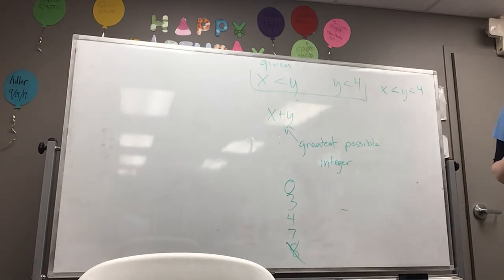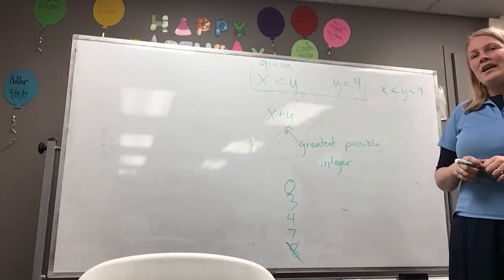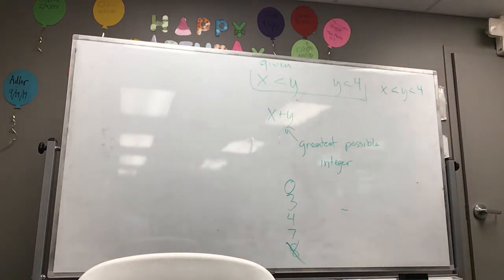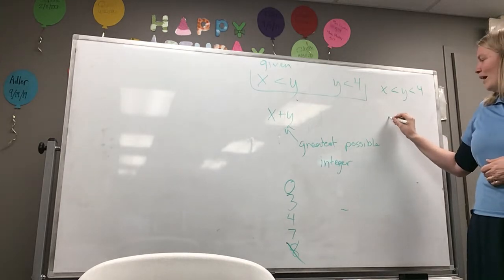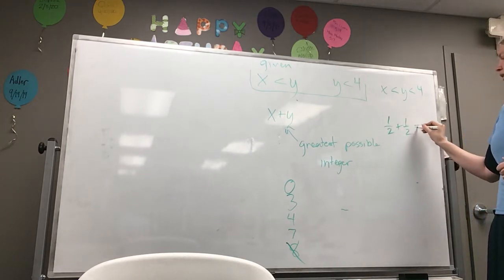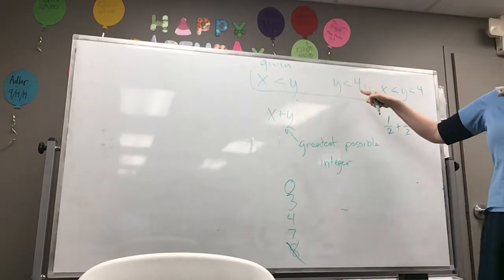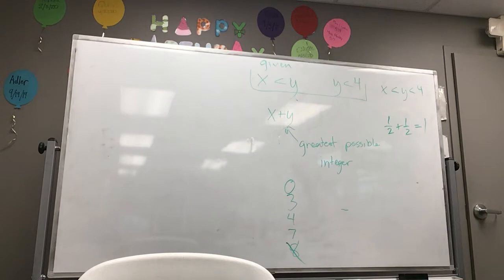This is an interesting one. The trick is they ask for the sum to be the greatest possible integer. Do x and y have to be integers? No. Think about it, 1/2 plus 1/2 equals 1, so these pieces don't have to be whole numbers.